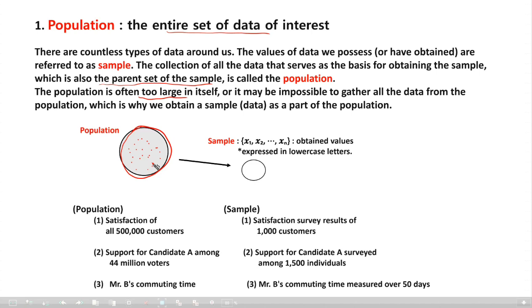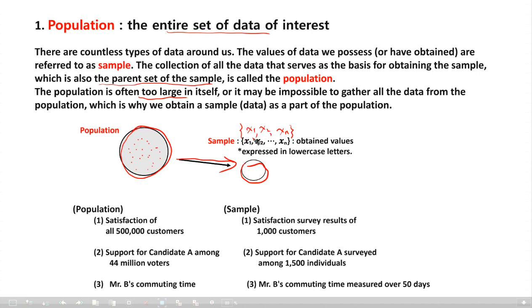That's why we just take part of the population, say a sample from the population. We used to denote a sample like x1, x2, xn, small case letters. That means real numbers, obtained values, okay?